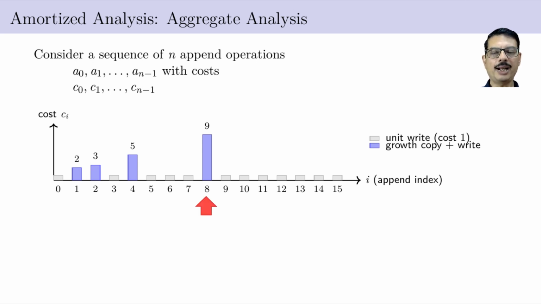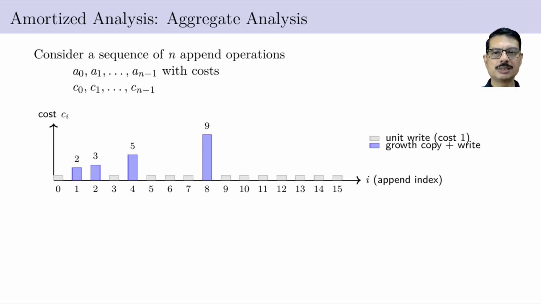However, when you add the ninth element, which is going to be at index number 8, you have the same situation, and therefore you are going to stretch the array. So that's why you have this vertical bar having 9 units. But after that, 9, 10, 11, 12, 13, 14, 15, there's not going to be any stretching because those elements can be accommodated, as your array capacity is going to be 16.